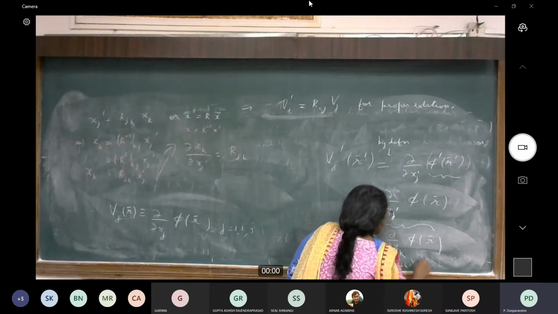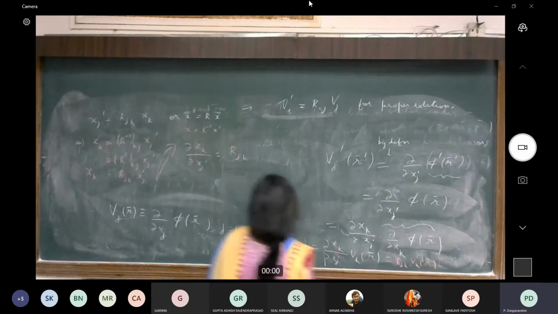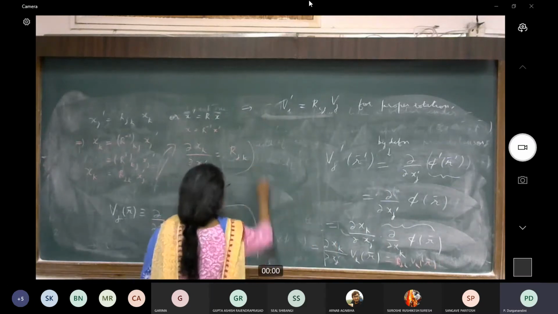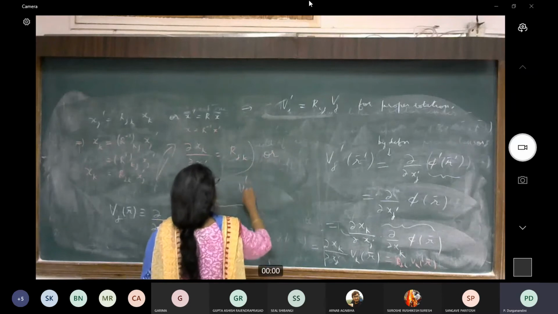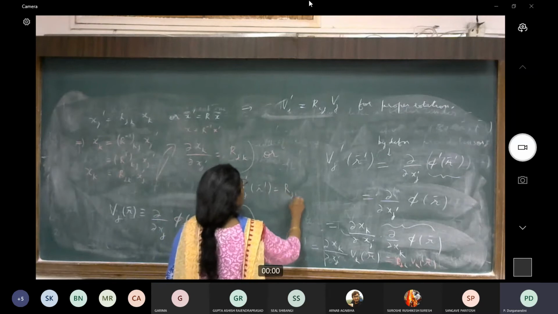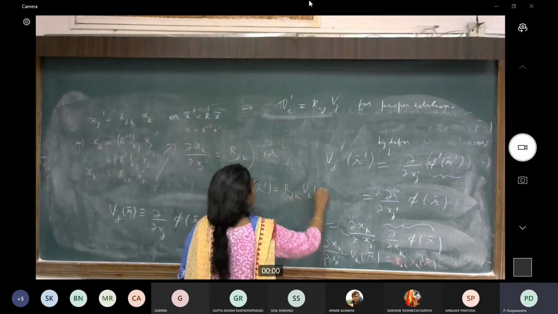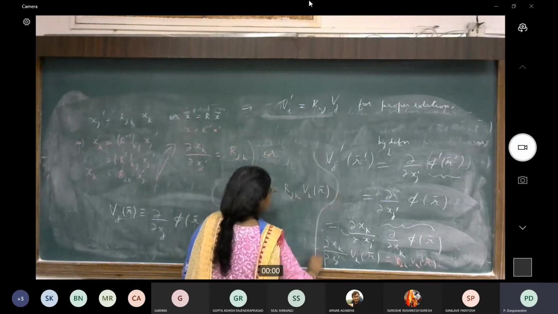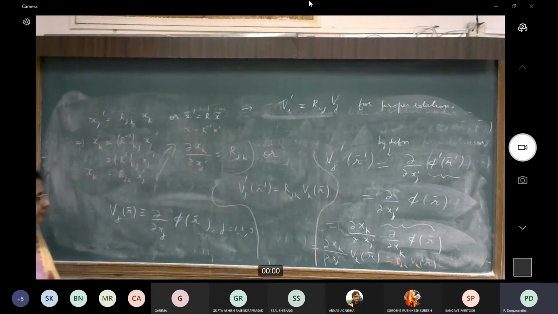So I can write this as equal to rjk dk of phi. In other words, what we have shown is that vj prime of r prime equals rjk dk of phi.